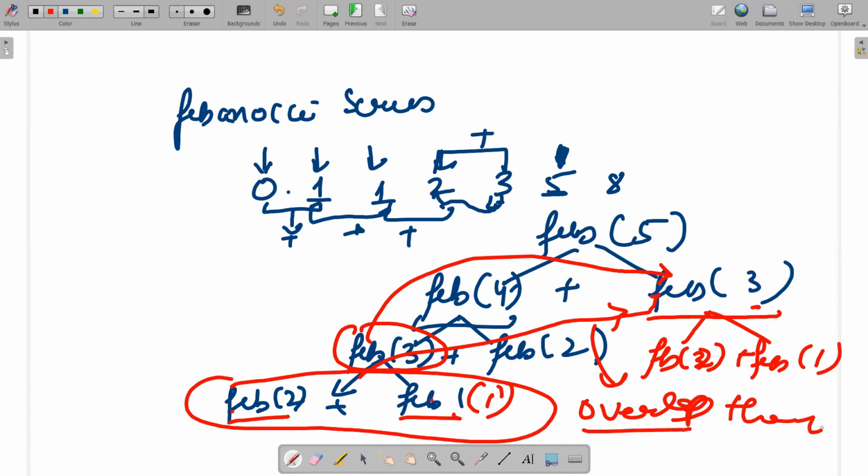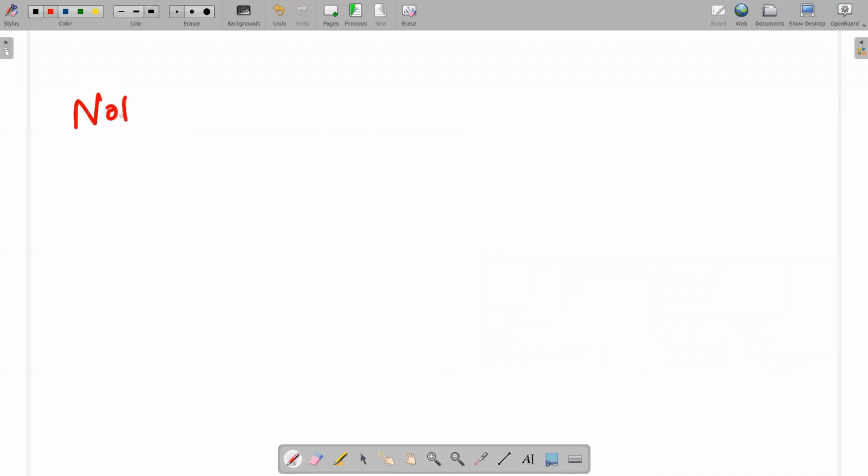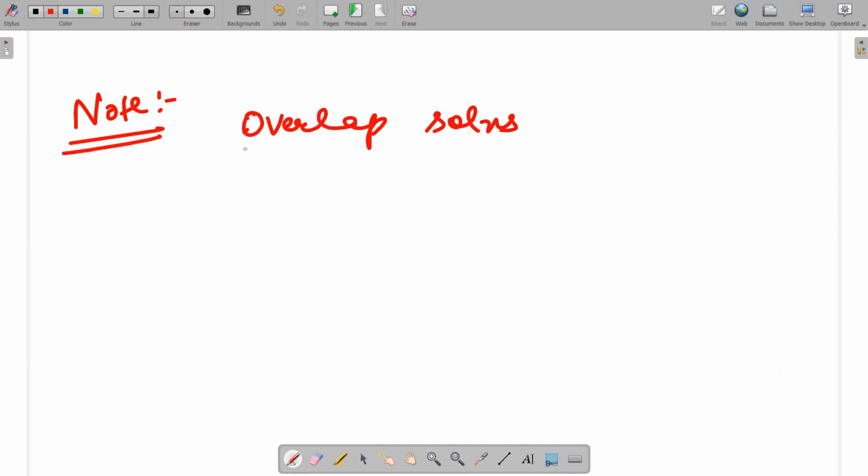So the very important point in dynamic programming is that we can always overlap solutions. And dynamic programming is always solvable in tables.